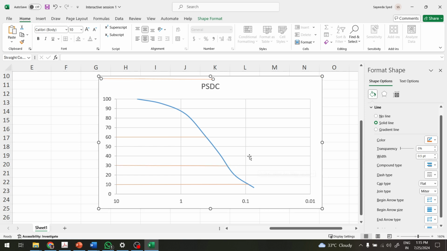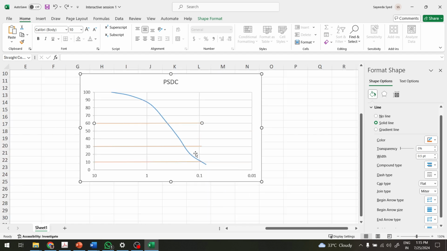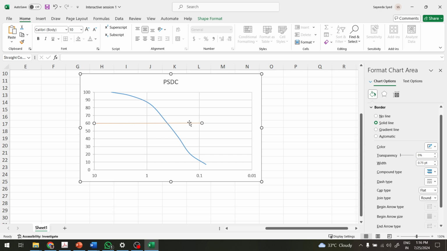Let's draw the vertical lines also. Actually, what we should have done is taken rectangles, because then it would have given us both vertical and horizontal lines. Let's try to do that.